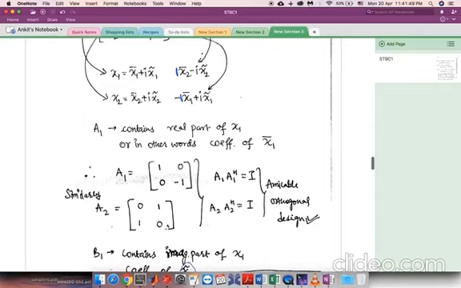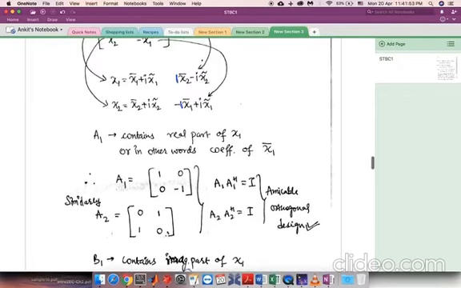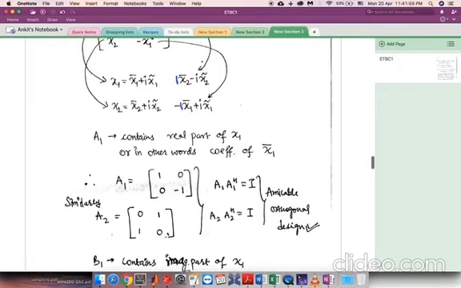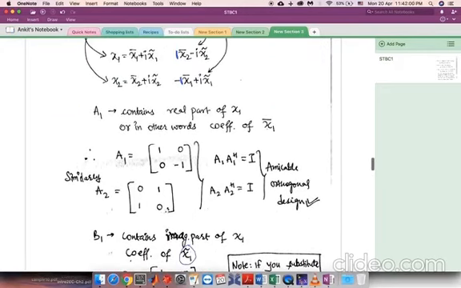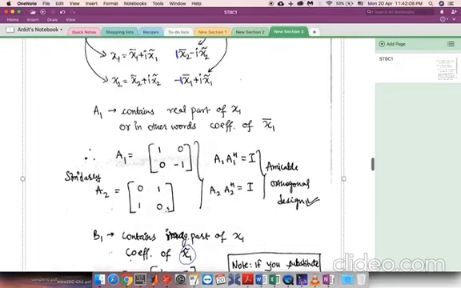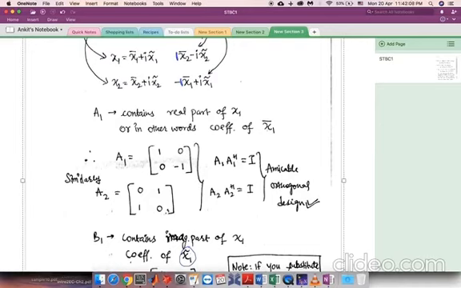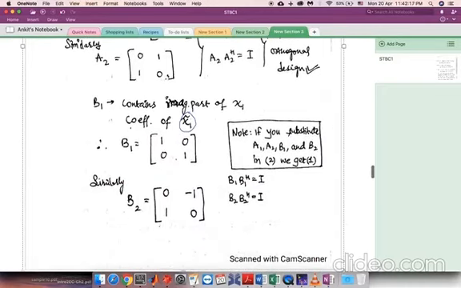Imaginary part, yes, the coefficient is 1, so we will put 1 here. x1, no, 0. x2 and x1 is there, no, 0. Then x1 tilde, yes, the coefficient of x1 tilde is 1, 1. Similarly, b2 is 0, minus 1, 1, 0.